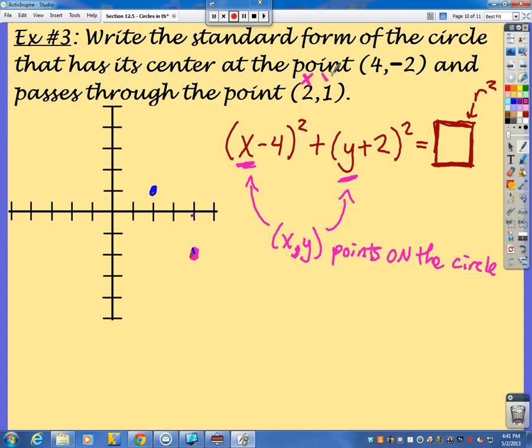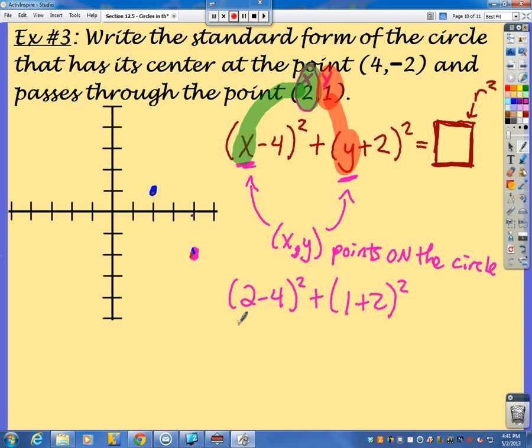So here's what I could do. I could temporarily, this is the key thing, temporarily put 2 in for x, and I could temporarily put 1 in for y, and then figure out what does all of this come out to equal. Okay, so we've got 2 minus 4 quantity squared plus 1 plus 2 quantity squared, and look what this gives me here. This is negative 2 squared, and this is 3 squared.